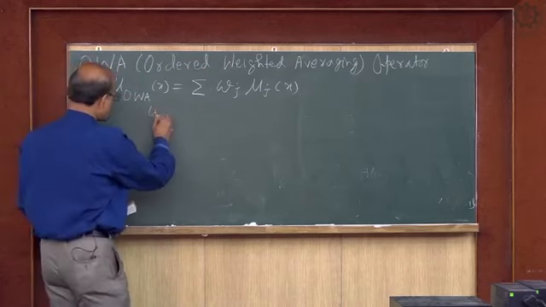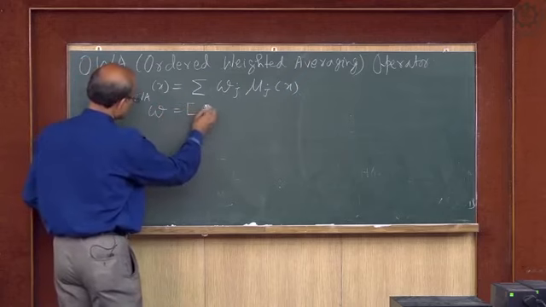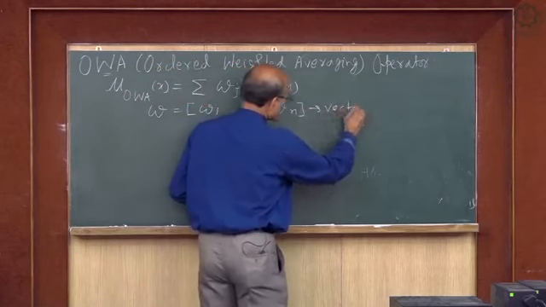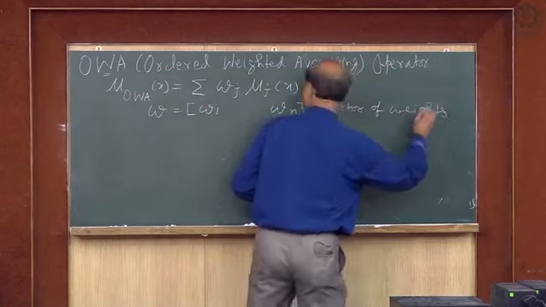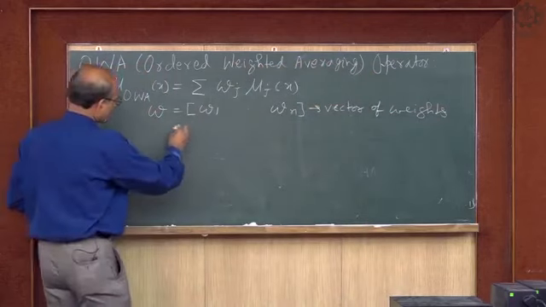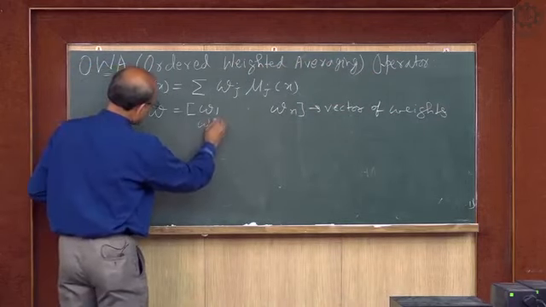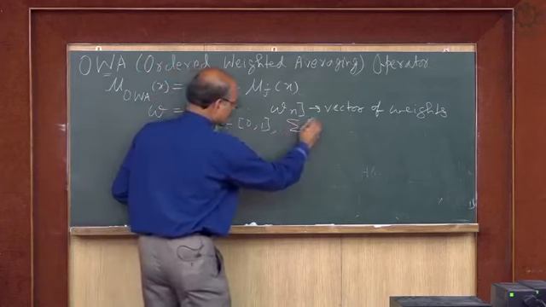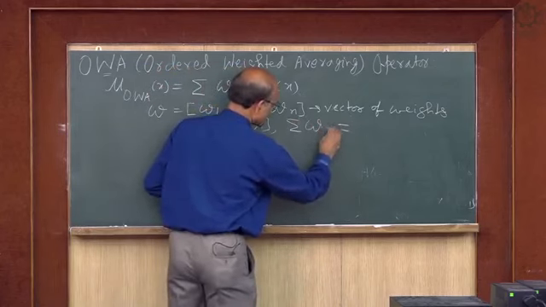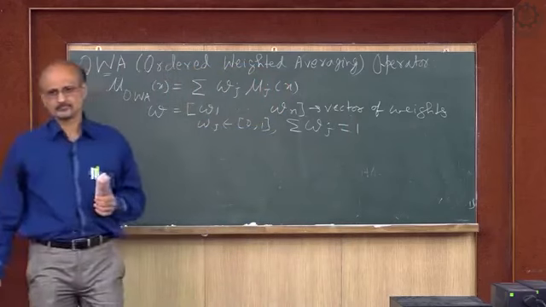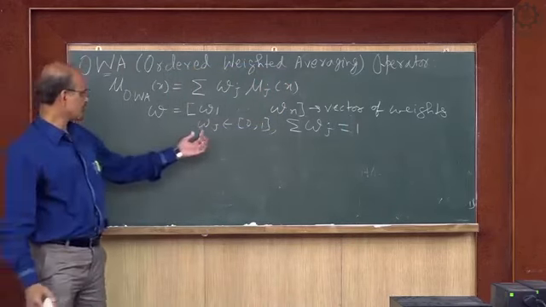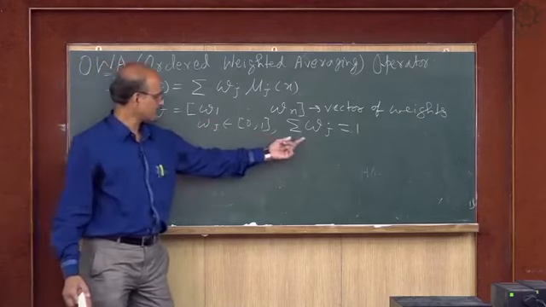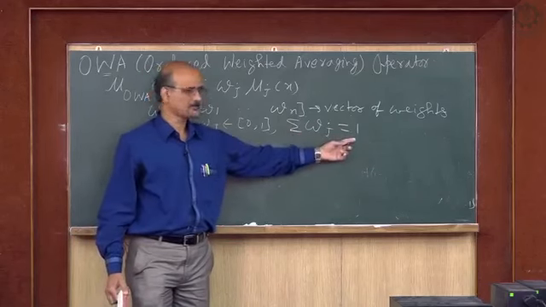So, W is a vector of weights W1 to Wn, where these are having the condition that Wj belongs to 0, 1, and summation of Wj is 1. These are the two conditions, means your weighted values are between 0 and 1 in the closed set 0, 1, and summation of all W's is 1.